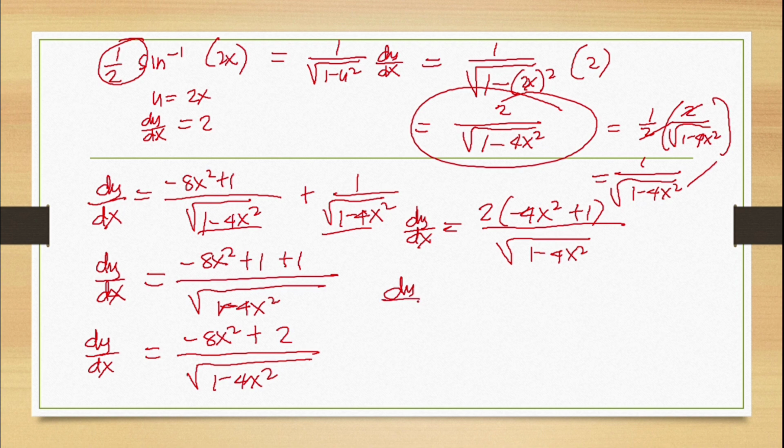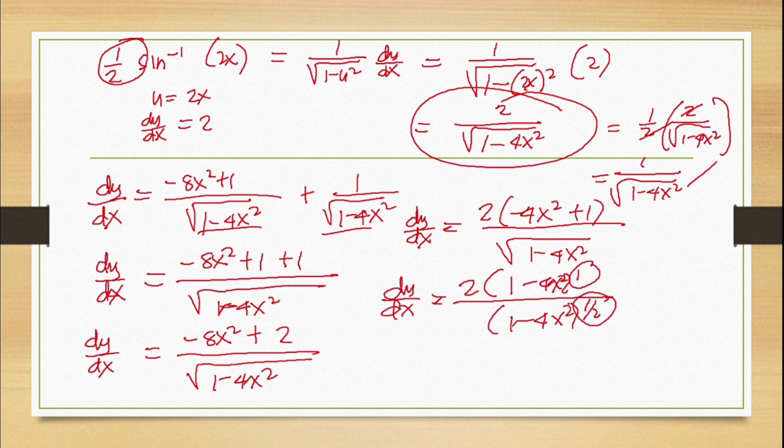We could simplify this one further, which is 2 times 1 minus 4x squared raised to 1 over 1 minus 4x squared raised to 1/2. So 1 minus 1/2, that is equal to 1/2.